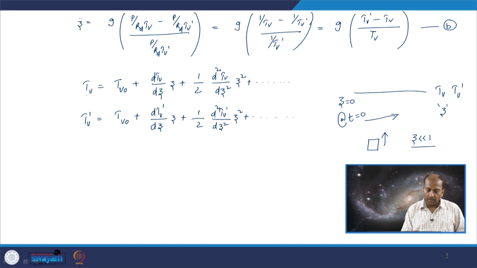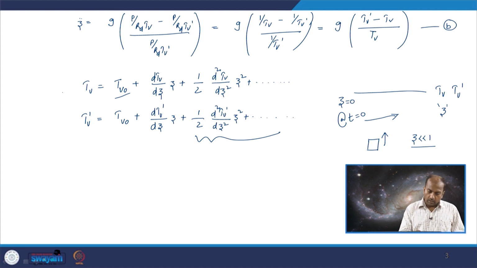You see that the temperature TV is the equilibrium temperature TV0 plus something, and the expanded terms generally won't be as significant as the average term that has been written in the beginning, right. So, we neglect all the higher order terms, in Z square or second order derivatives of the temperature. So, these terms can be neglected.